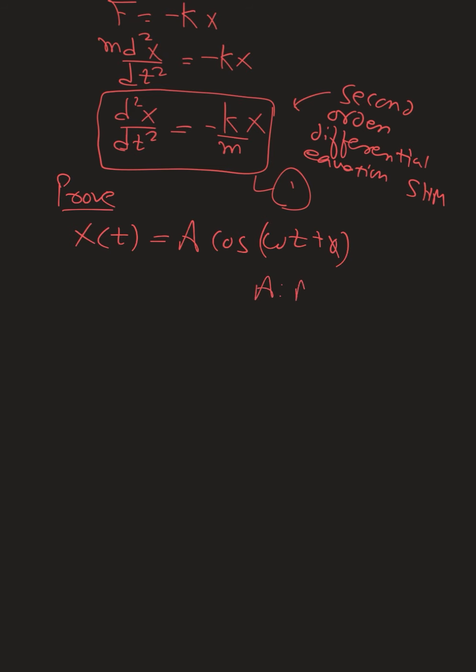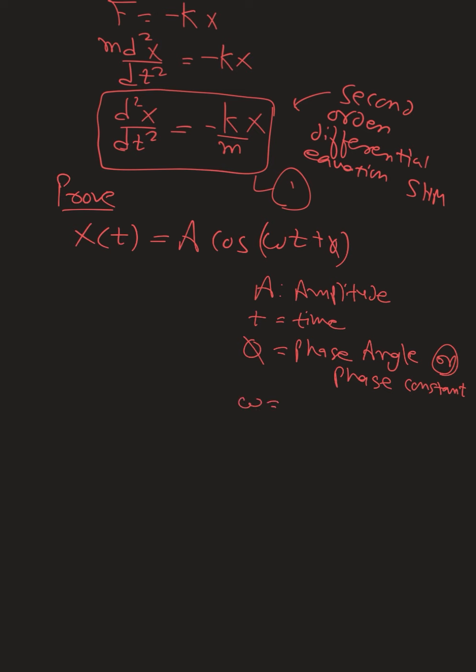That's right, A is amplitude, t is time, phi is a phase angle or phase constant, and omega is your angular frequency.